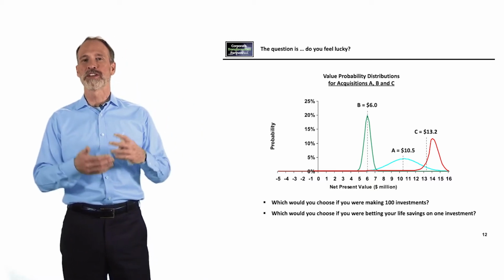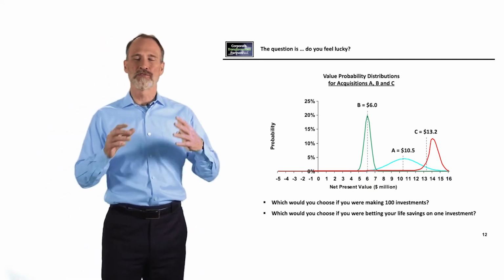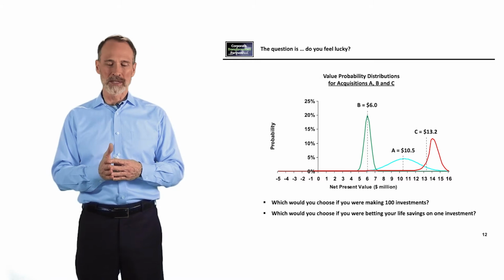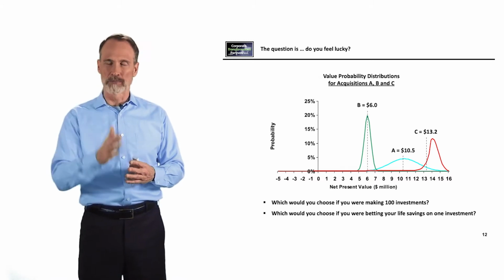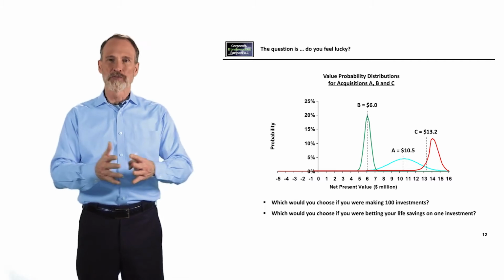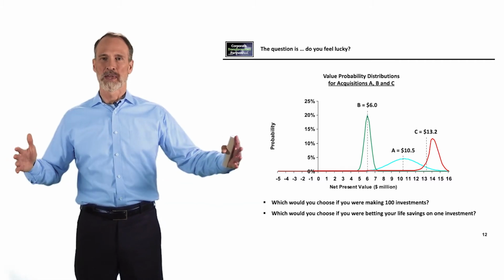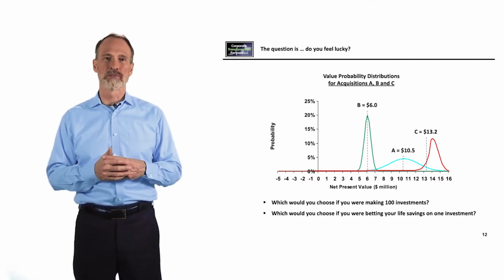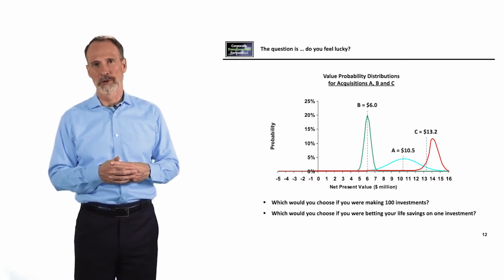That vertical dimension is probability, and we call these value probability distributions. Because instead of representing value as just one number or an expected value, we're here presenting the full range of potential outcomes as well as the probabilities of each investment, assuming each one of those amounts going forward.